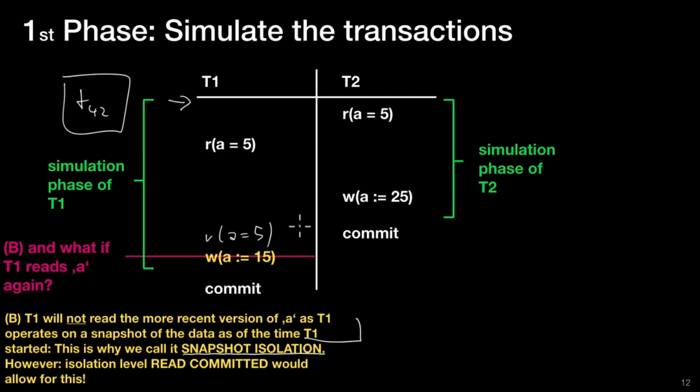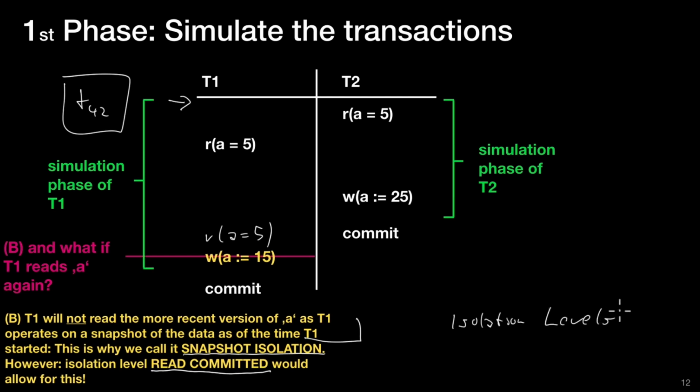However, note that you are allowed to fiddle around with this way of operating on the old snapshot. Many databases allow you to weaken this property. For instance, if you set the isolation level to read committed, so many database systems have so-called isolation levels.